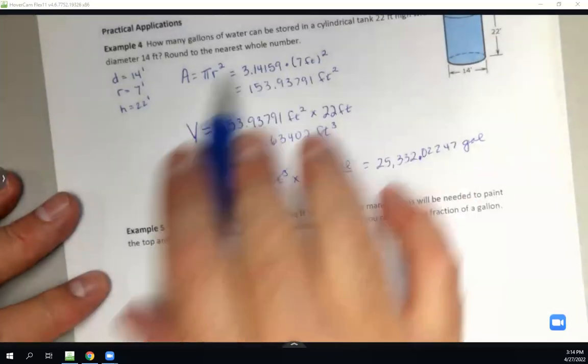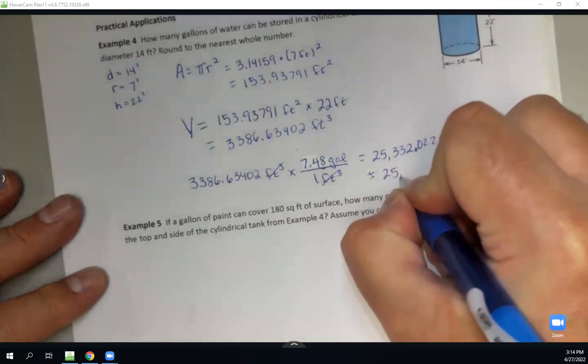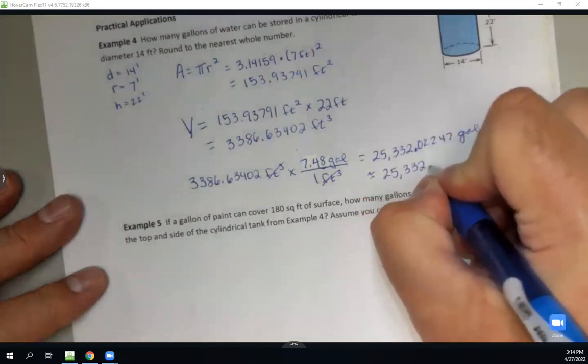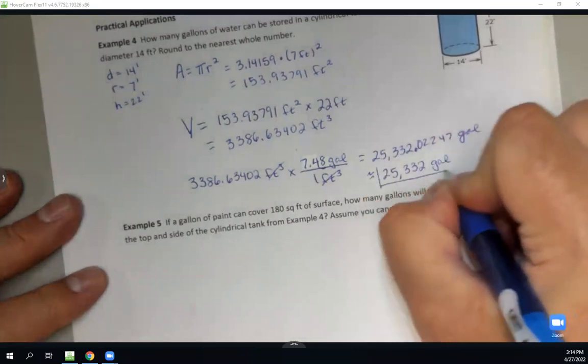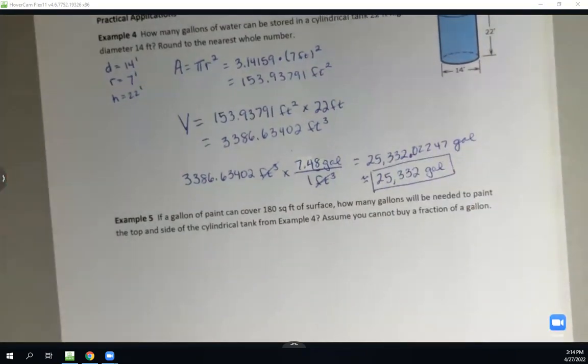And our directions said to round to the nearest whole number. So that would be about 25,332 gallons. So quite a bit, right? Not as much as that swimming pool in the previous notes.